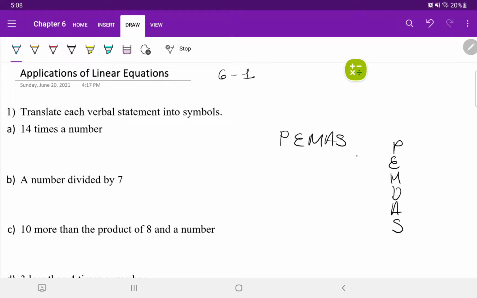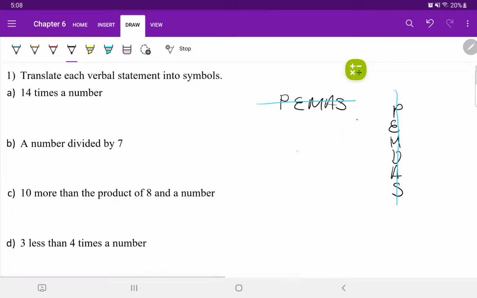If you're one of the people to see PEMDAS like the first way or the second way, I want us to disregard that. And I want you to adapt the new way to understanding the order of operations. Parentheses. Let's rewrite that P. Exponents. Multiplication or division. Then we have addition or subtraction, whichever one comes first from left to right.